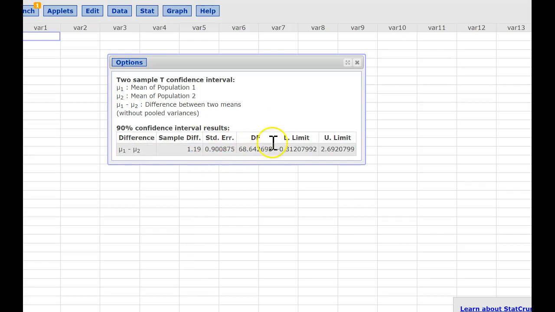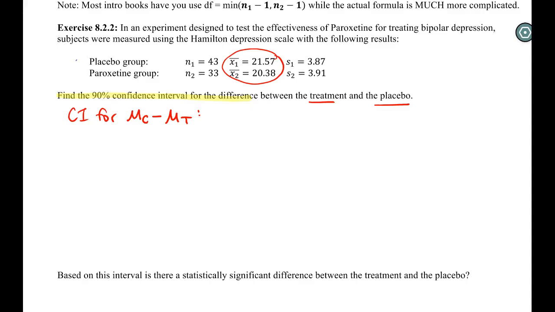It gives us our standard error, our degrees of freedom, which again is calculated using a gross formula, and then our actual interval. Our interval is from negative 0.3121 to positive 2.6921. So we'll write that down on the page: negative 0.3121 to 2.6921.